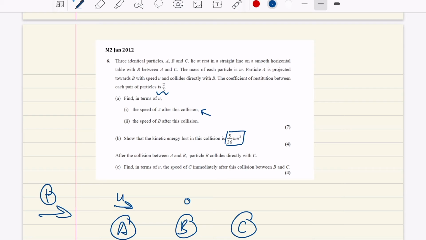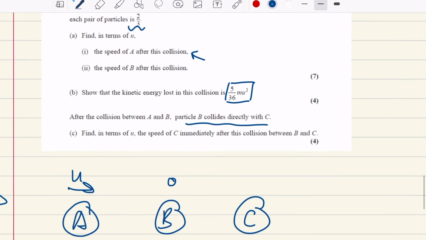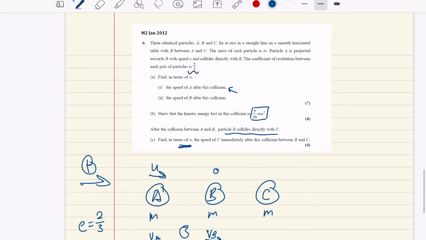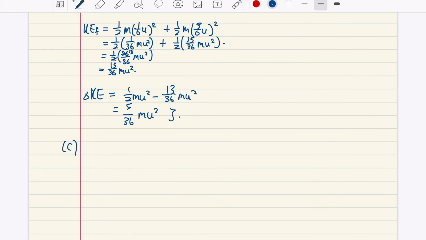So part C: after the collision between A and B, particle B collides directly with C. Okay, so find in terms of u the speed of C immediately after this collision between B and C. So here I will draw another diagram.